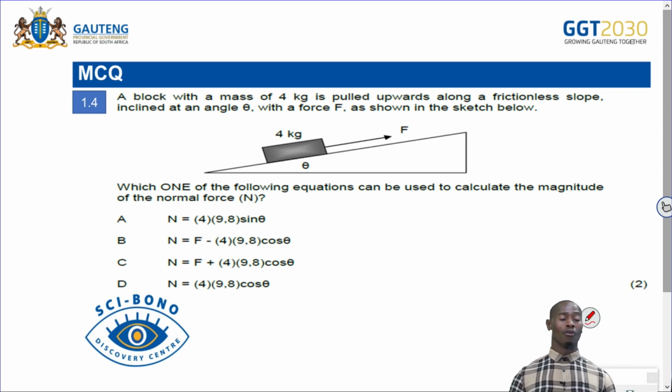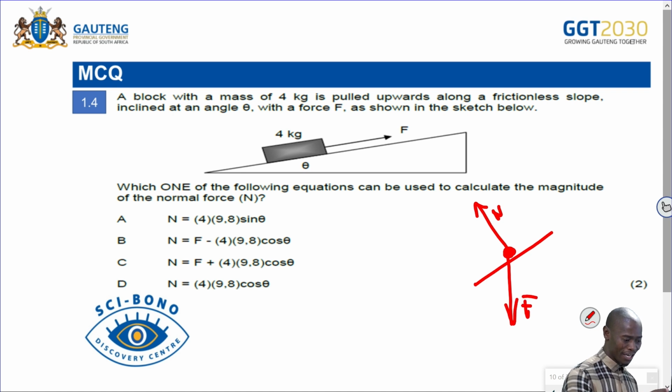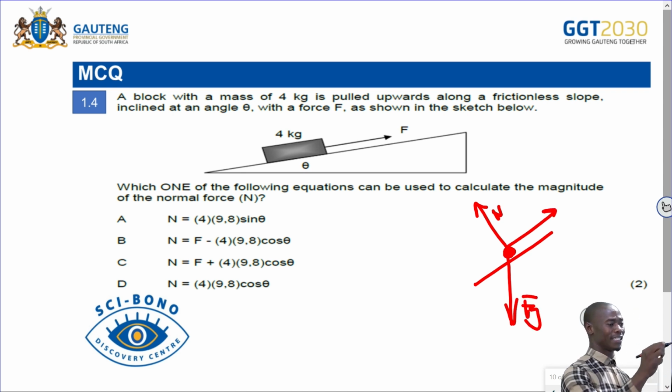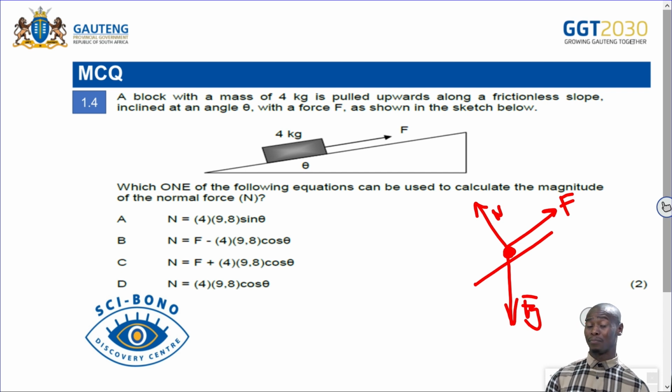So first thing that we need to do here, we can draw a free body diagram. This is our incline. So you have your normal force, and then there's your Fg there. There's a force that is applied, and then there's no friction. Then we can resolve weight or Fg into its components. Why are we doing that? Because weight in this case is not acting perpendicular.